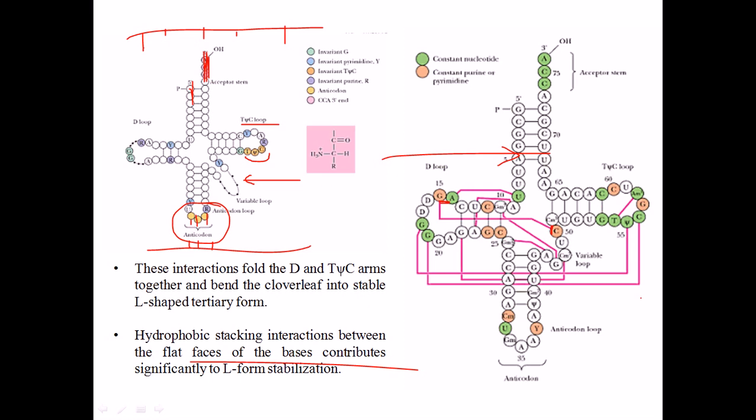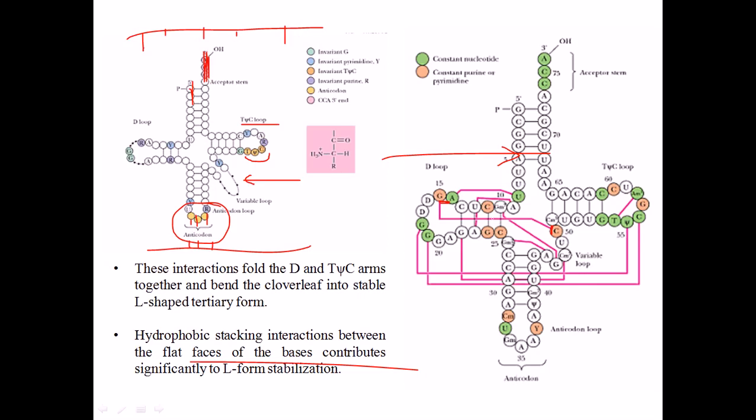This fold makes the characteristic L shape of this tRNA. That's why this part is really important: we are finally folding this tRNA to make a tertiary structure. So everything is fine till that point.